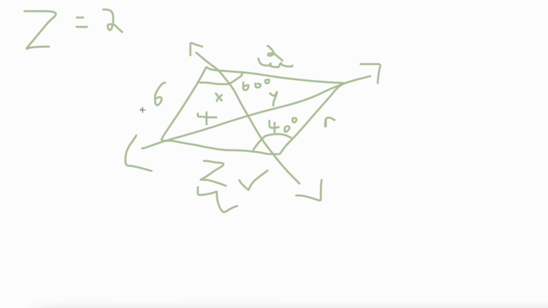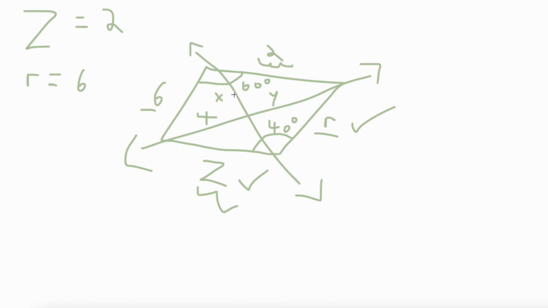And I can also see that 6 is equal to r because opposite sides are equal, so r is equal to 6. Okay, now we've solved 2 lengths. We only have 2 more variables left. Okay, I can see that it is asking us to solve x and it is asking us to solve y.